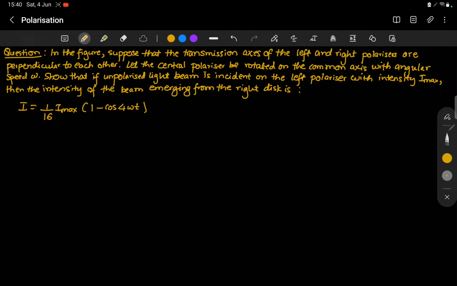So let me first draw the diagram to make things clear. So we have a polarizer. So let us say this is the transmission axis. Then we have another polarizer whose transmission axis is perpendicular.